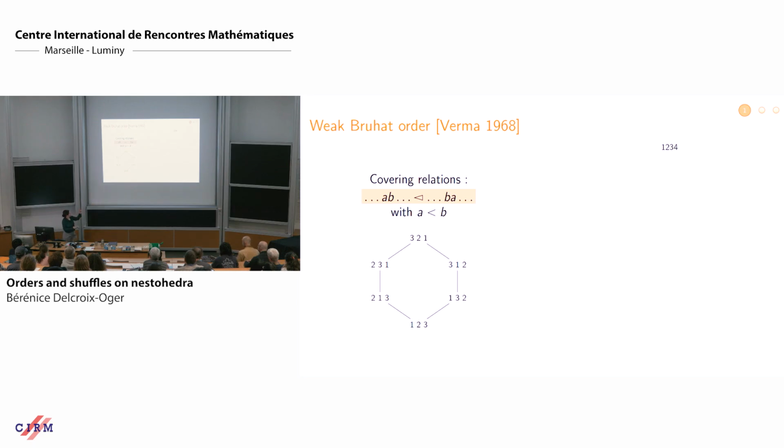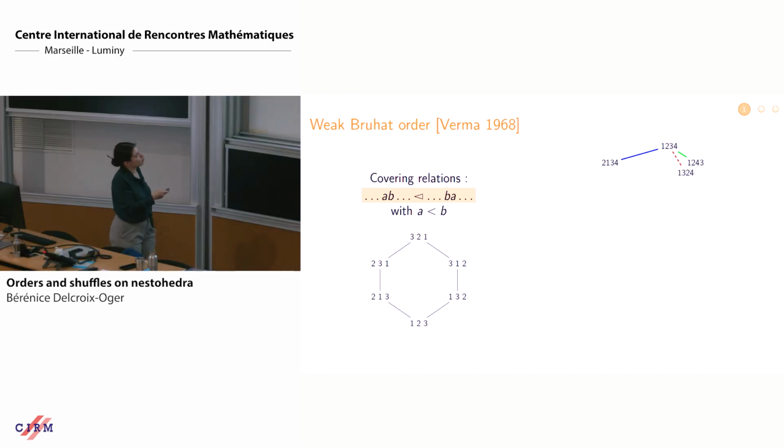You can exchange 1 and 2, or 2 and 3, or 3 and 4, and what you get is these three elements. Then once again, for instance in 2, 1, 3, 4, you can't invert 2 and 1 because 2 is bigger than 1, so you can't apply the covering relation, but you can exchange 1 and 3, or 3 and 4, and so on and so forth.